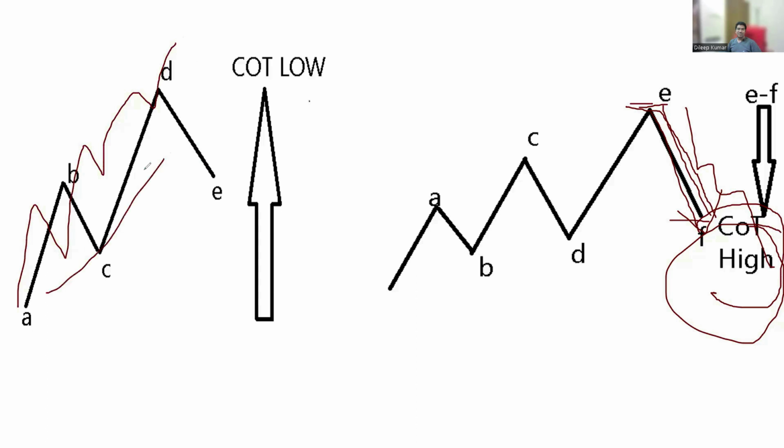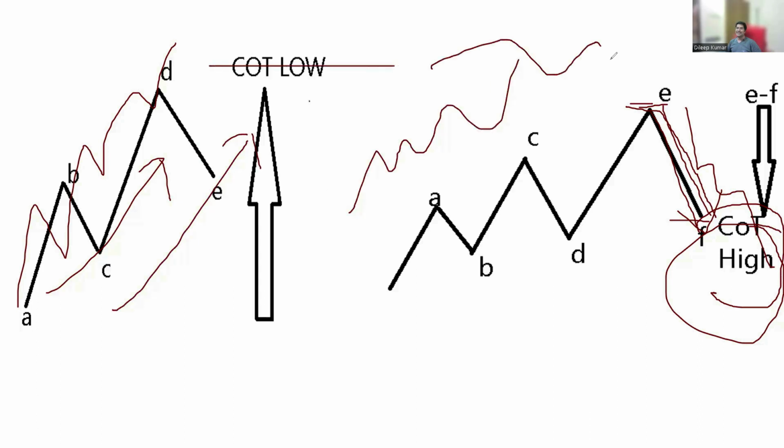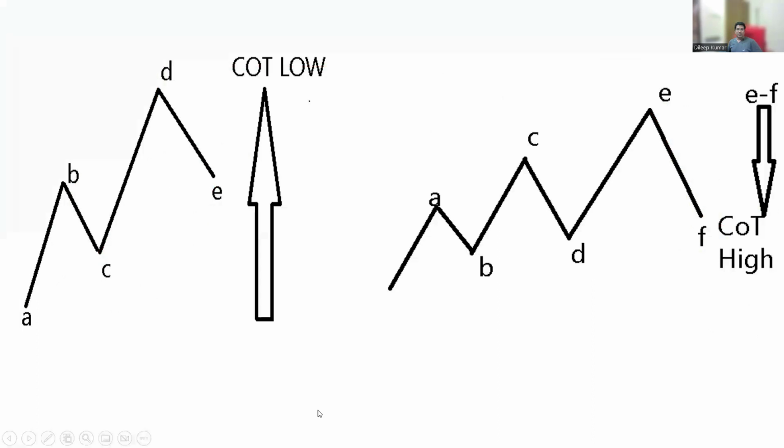What is happening when the prices are making higher highs? Buyers are buying continuously. So it is assumed that as the prices make higher highs, the COT low has to be as positive as possible. One more thing to remember: we discussed that from this point to the current price is the COT low.